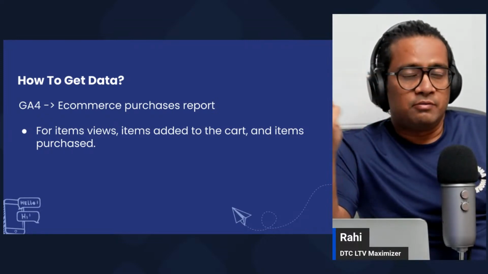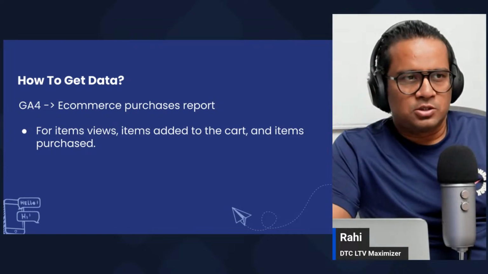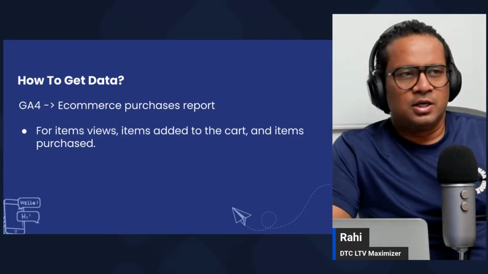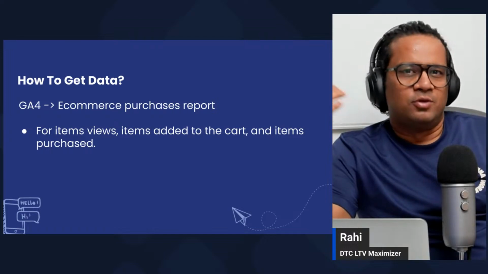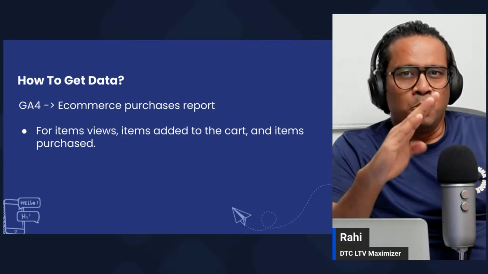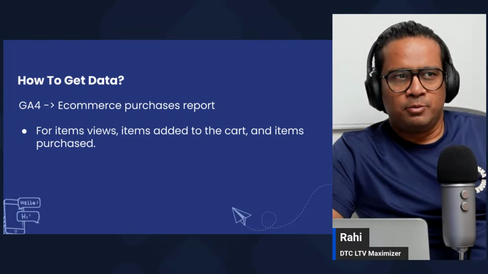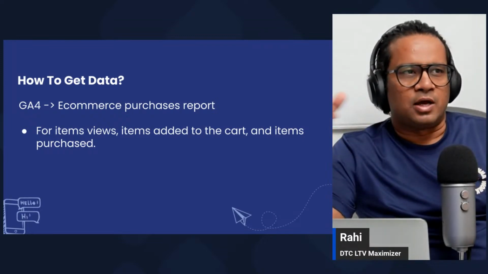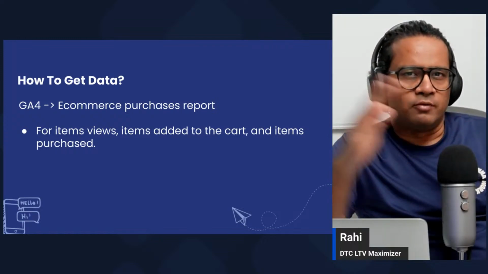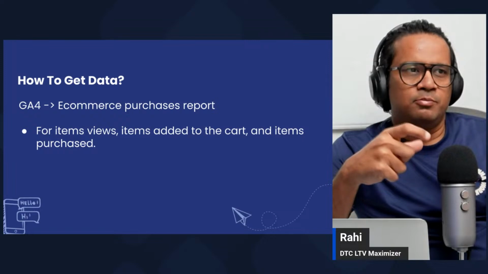Some products are very inspirational, or aspirational, sorry, like maybe an iPhone. There might be more add to cart, less conversion, and views will be high. For a normal product, or even a Dyson air purifier, Dyson will have a lot of aspiration, but there might not be many people buying it eventually.